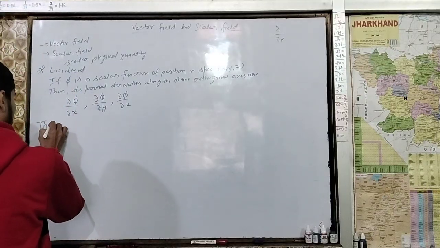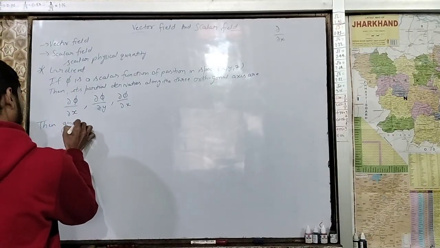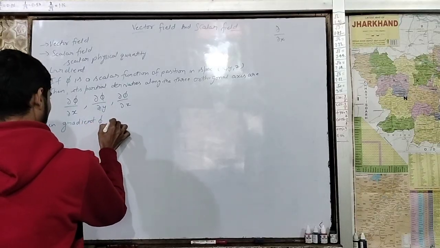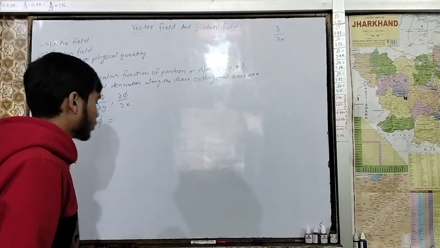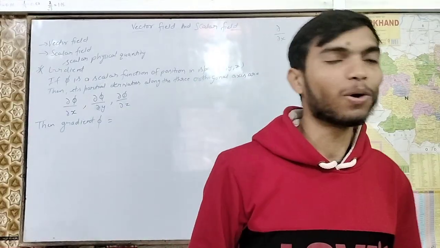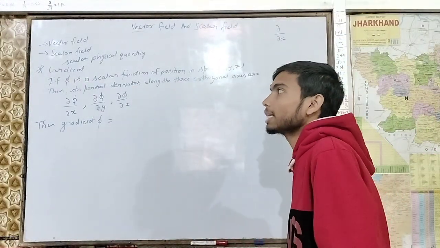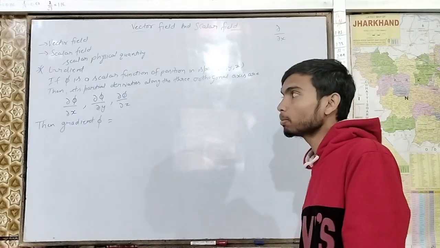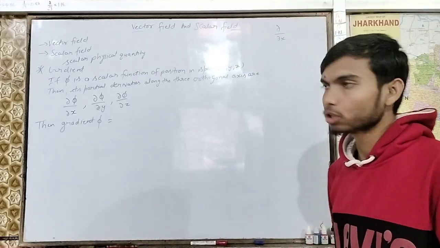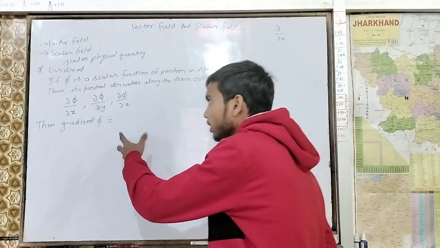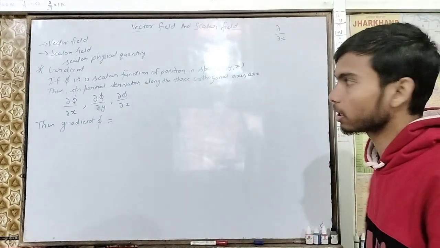Then gradient of phi. Try to understand. Gradient is nothing but, I think, partial derivatives or the del operator. This d upon dx is nothing but the del operator.